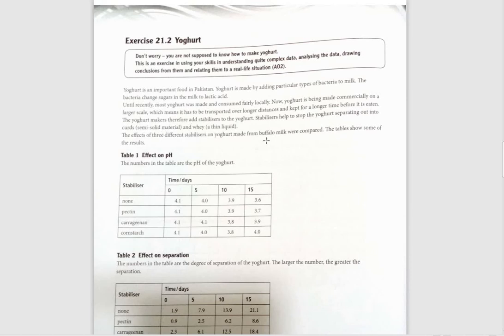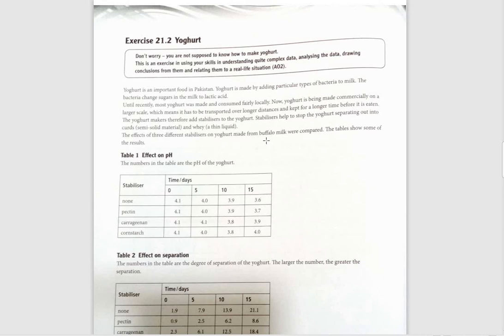So basically, it's an artificial yogurt, you should say. Artificial in the sense that they add stabilizers to make sure that the yogurt doesn't spoil very fast. Whereas if you make fresh yogurt at home, I'm not sure if you guys make that at home, after a few days, even after being kept in the fridge, it will actually start separating.